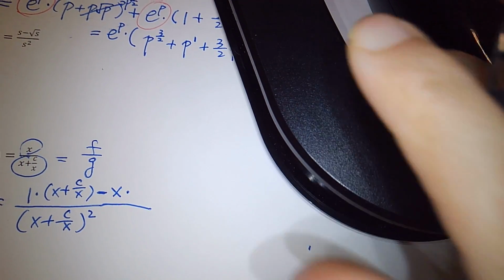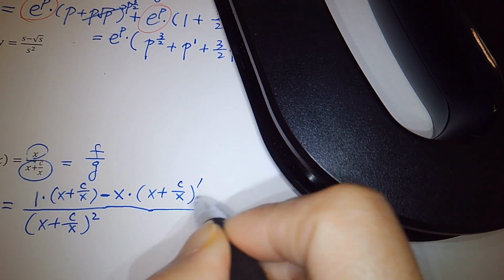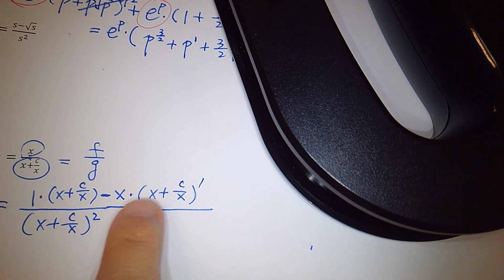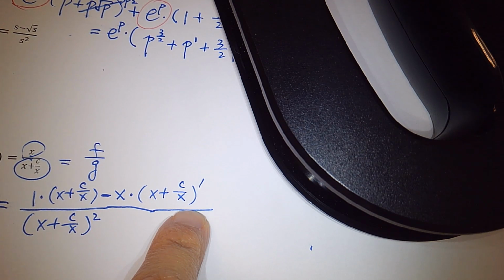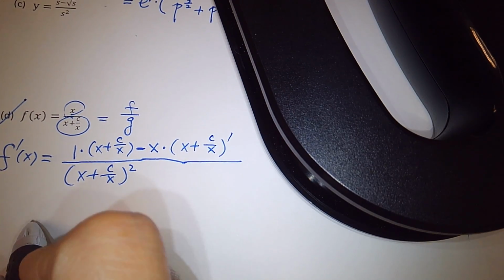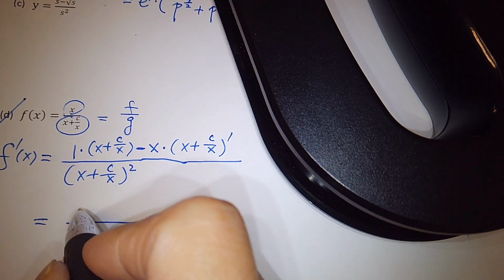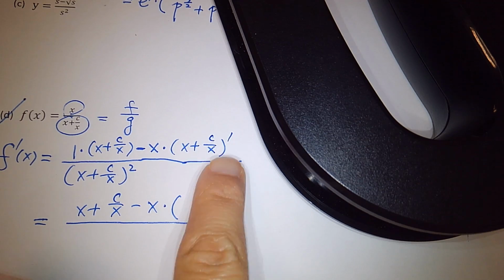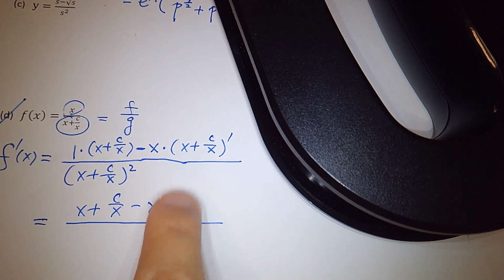I'm going to rewrite it as the derivative of x plus c over x, because it is too complicated to write in here. What do you think? Alright, now in the next line, we have 1 times this, which is x plus c over x, minus x times the derivative of this expression.